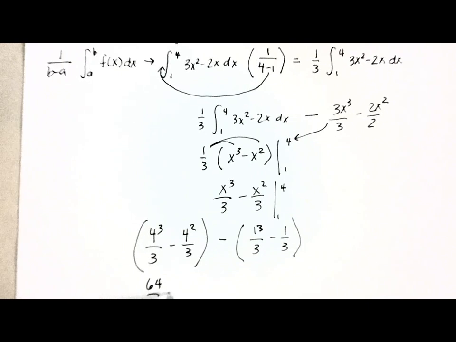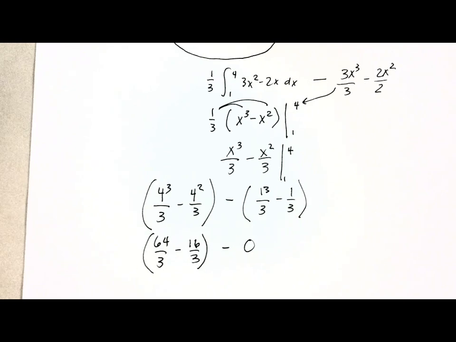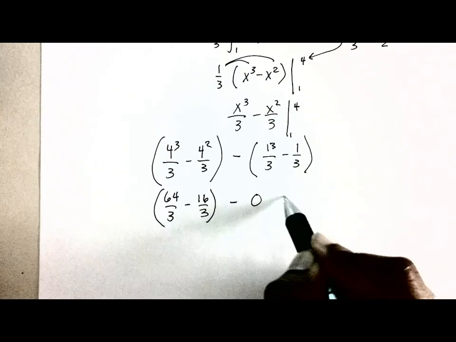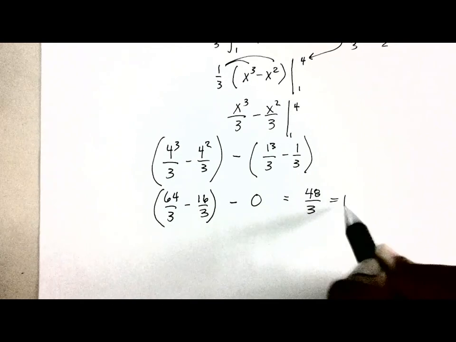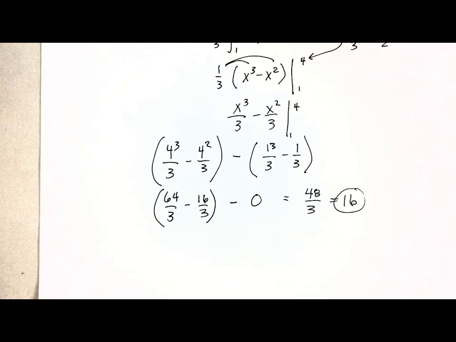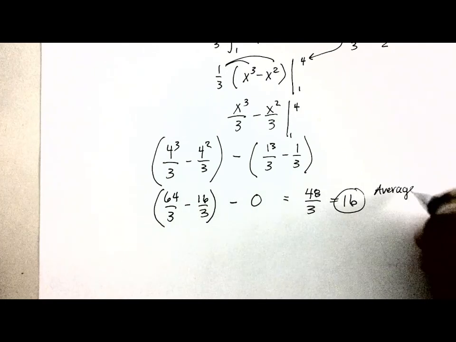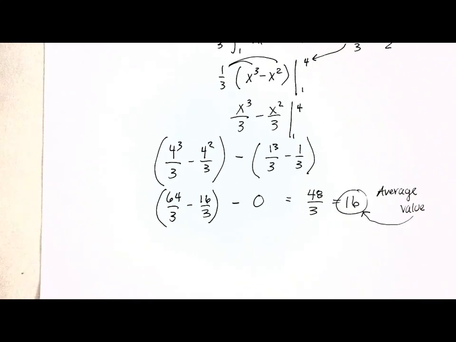That's 64 over 3 minus 16 over 3 minus 0. 48 over 3 gives me 16. So the average value for this function is 16.